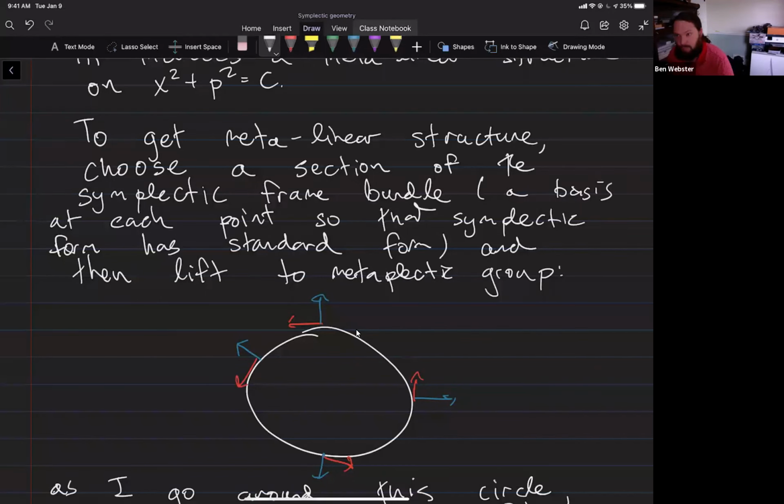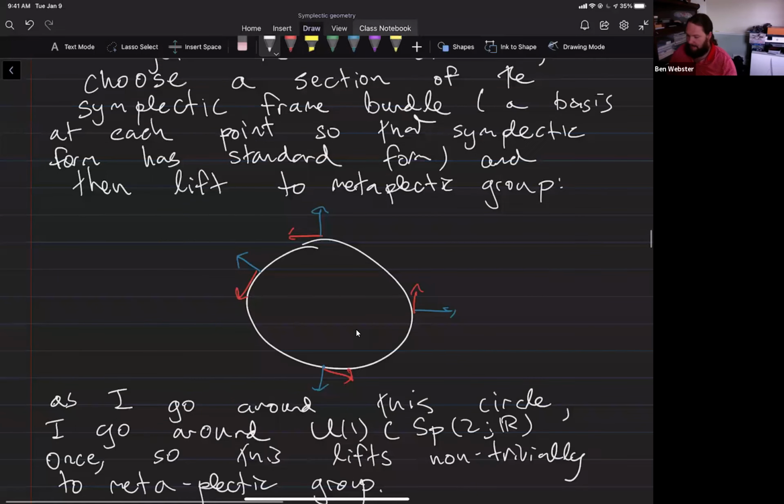This is the right way to get this metalinear structure. And so as I go around this circle, I make a loop in the symplectic group, from the elements I use to send my original frame to the one going around.